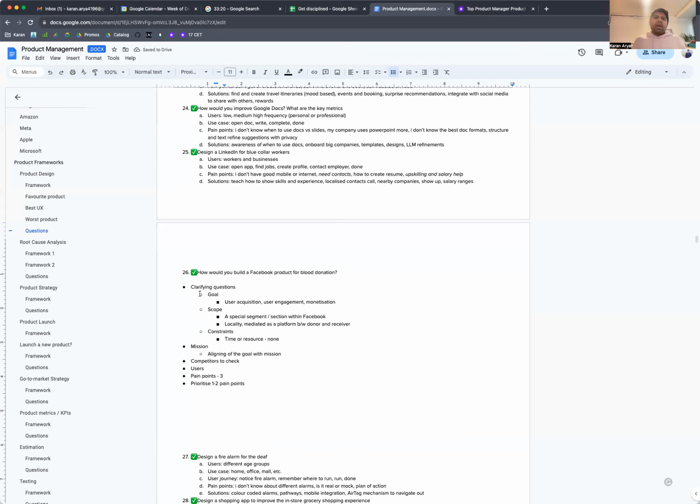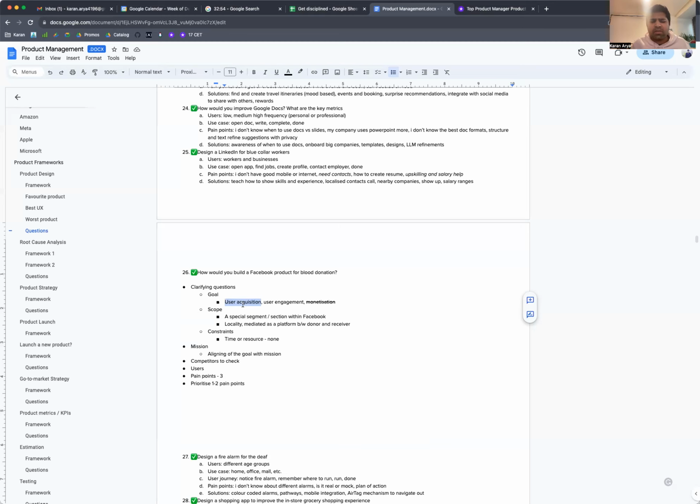Now, given that it's a blood donation exercise, I would assume that Facebook is not really intending to monetize this product. At least in the beginning, it is more or less considered a social impact product. Related to user acquisition, Facebook has over 1 billion users, I would assume, and the user base is pretty huge.